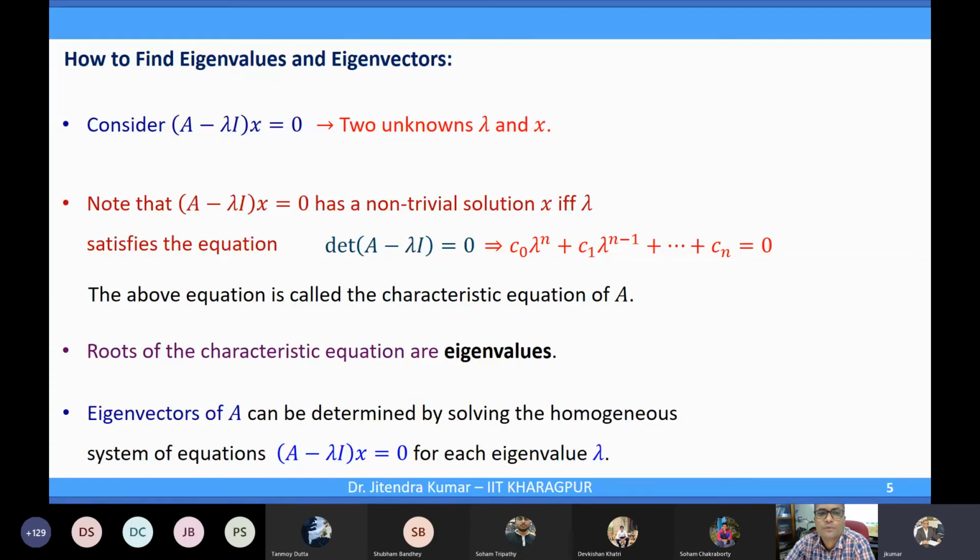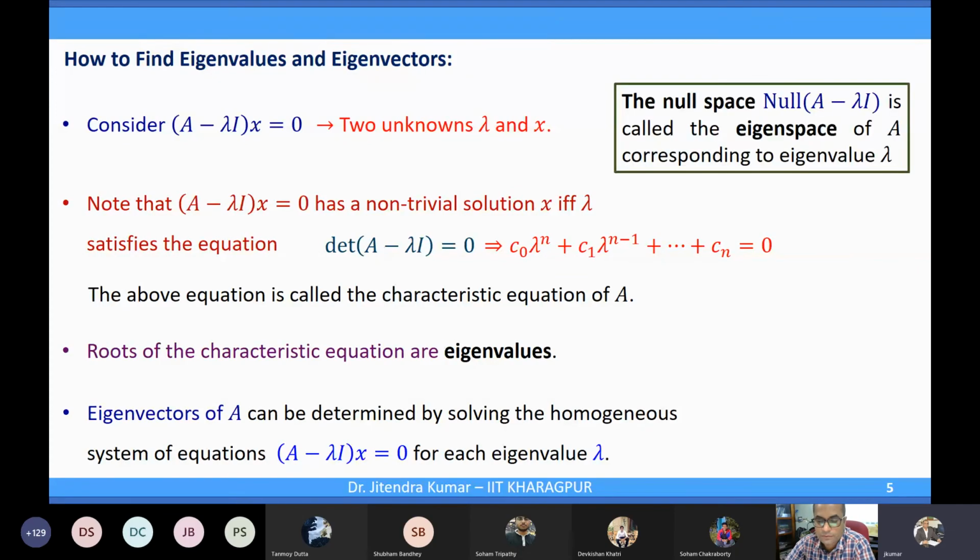Okay, so now we go with some examples. Just another definition here. The null space of A minus lambda I is called the eigenspace of A corresponding to eigenvalue lambda. That's just one more term we use. The eigenspace is nothing but all eigenvectors plus the 0 vector.